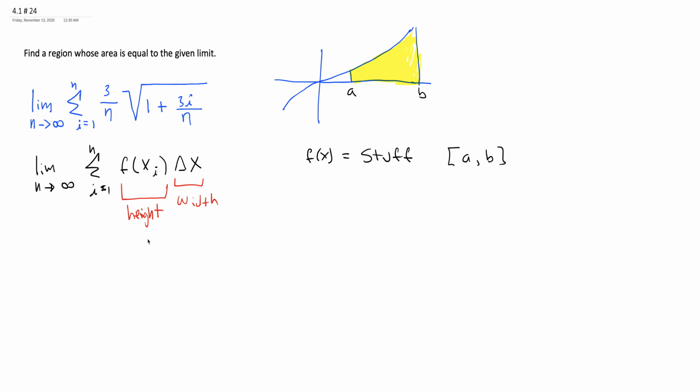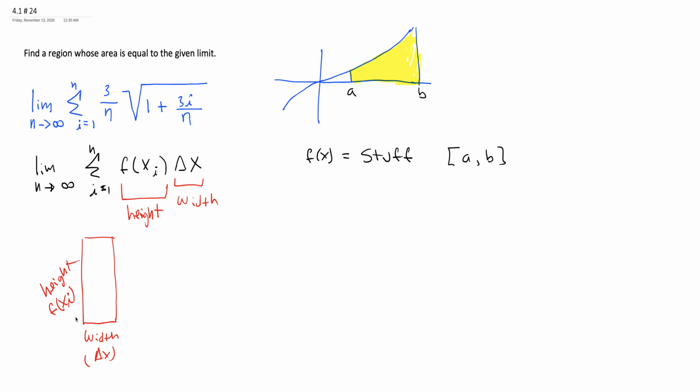So you get the height, you get the width, you got a rectangle. Bam. There's your width. There's your height. There's your delta x. There's your f of x i.